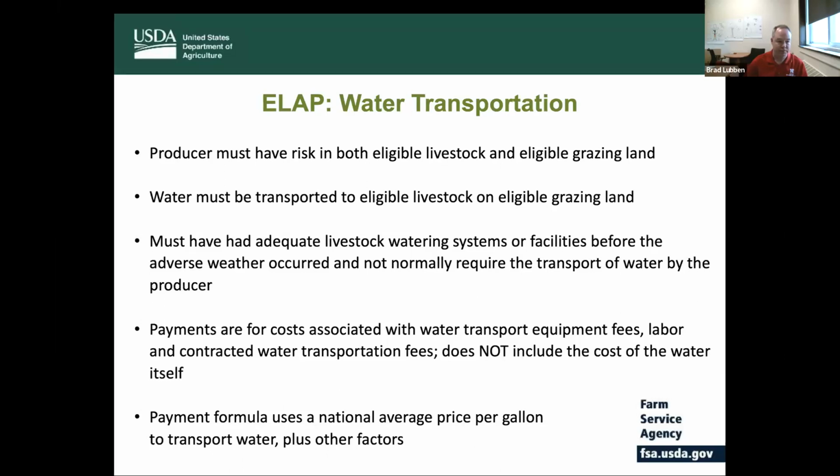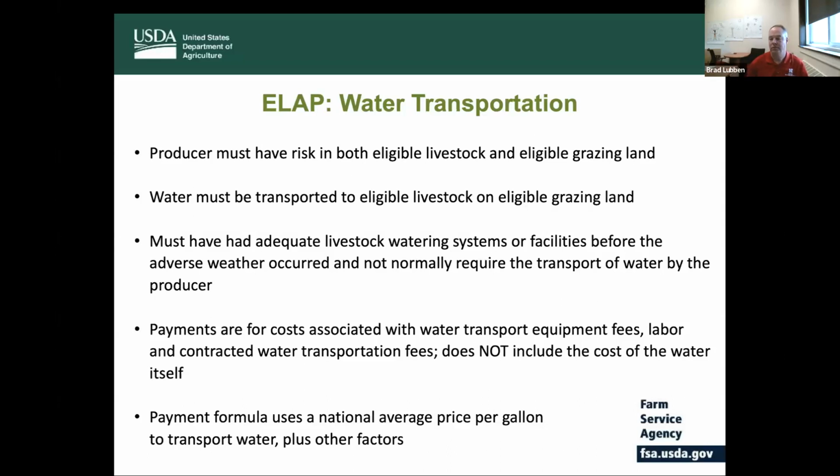A couple key criteria is that they would have had to have had adequate watering systems or facilities before the disaster designations or before the drought conditions. And in a normal year, they would not normally be required to transport water to the eligible livestock.